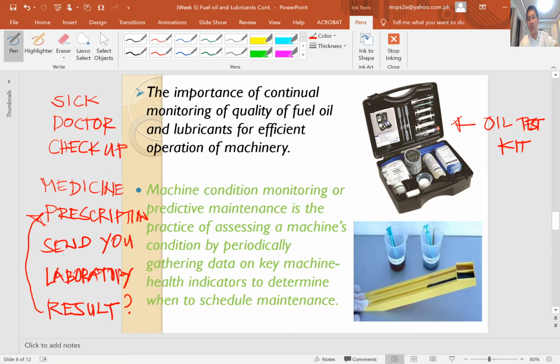But normally in this test kit, you only test the lube oil, because the fuel oil will be sent to shore for lab test.